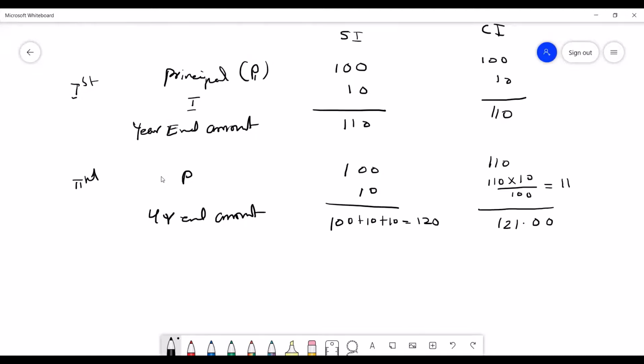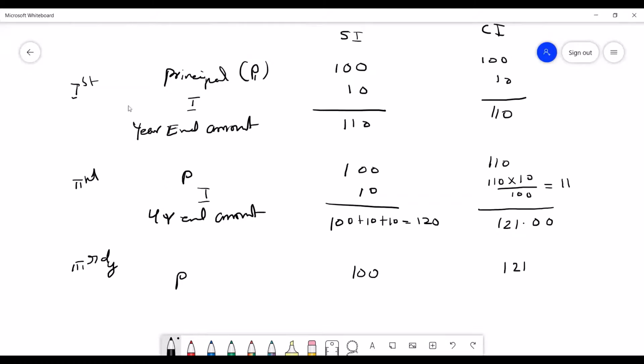And now let us move to the third year. Third year, principal amount here will be 100 only. There will be no change as far as the simple interest method is concerned. Principal amount will be 100 only. But here it will be 121.